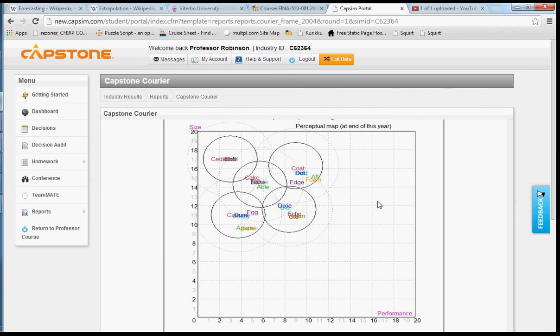Notice that in the early simulation, there is some overlap, that some products can exist both in the low segment and the traditional segment, for example. And as the simulation progresses, the demands of the customers increase. These circles drift down and to the right. They demand smaller sensors that are more sensitive, and also the tastes of the various market niches diverge somewhat so that these overlapping regions decrease in size.